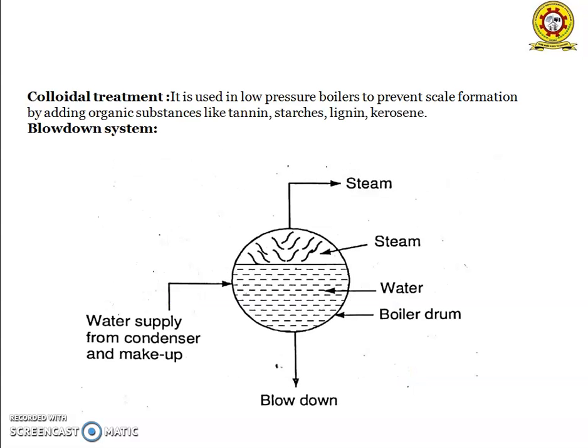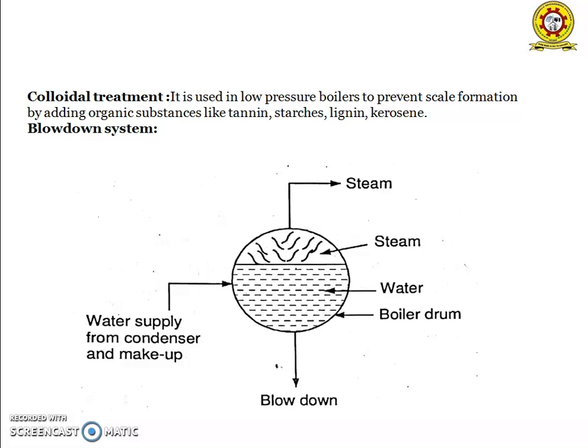The next one is colloidal treatment. It is used in low pressure boilers to prevent scale formation by adding organic substances like tannin, starches, lignin and kerosene. A coating of these substances is formed over the scale-forming precipitates.